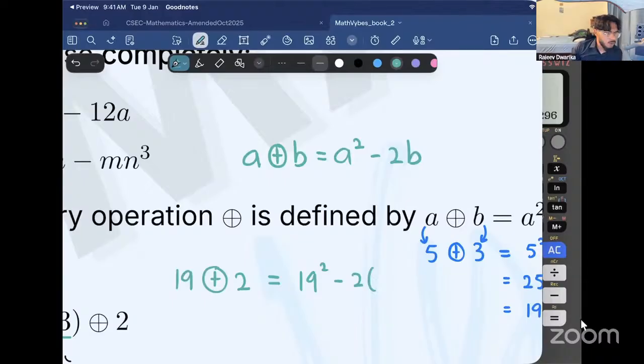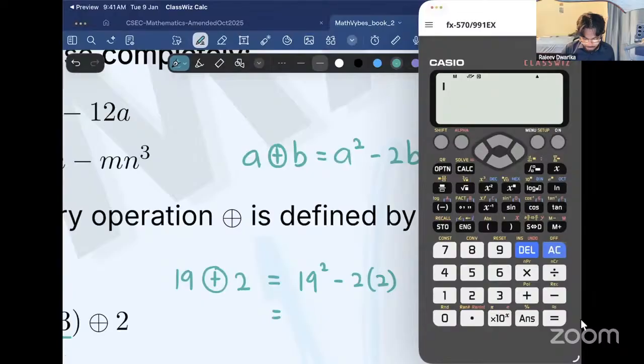Now, we don't have b over here. What do we have instead of b? 2. So instead of writing b, I'll write 2. You'll plug into your calculator and you'll get your answer. So that's going to be 19 squared minus 2 by 2, and that'll be 357.